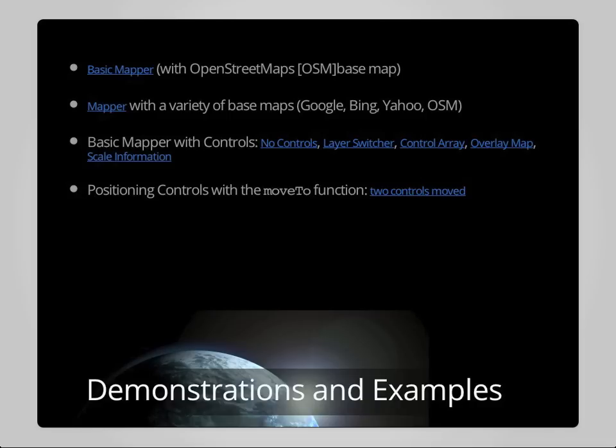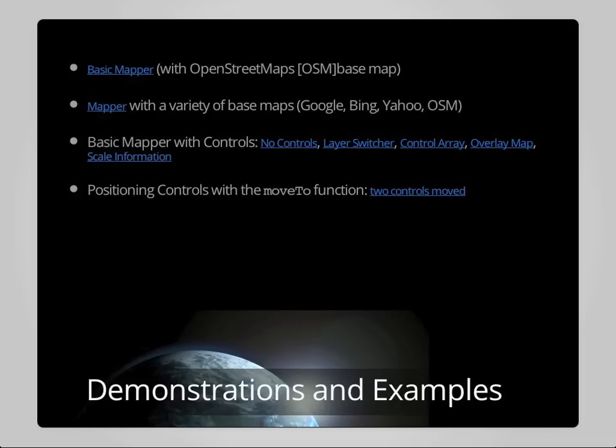What we have here are links to a variety of OpenLayers-based mapping clients that I have created for the class, ranging from a basic mapper to a mapper that includes links and connections to a wide variety of base maps, a number of examples that are making use of different controls and combinations of controls, and then finally an example that uses the move to function to specify the locations of controls within the map interface.